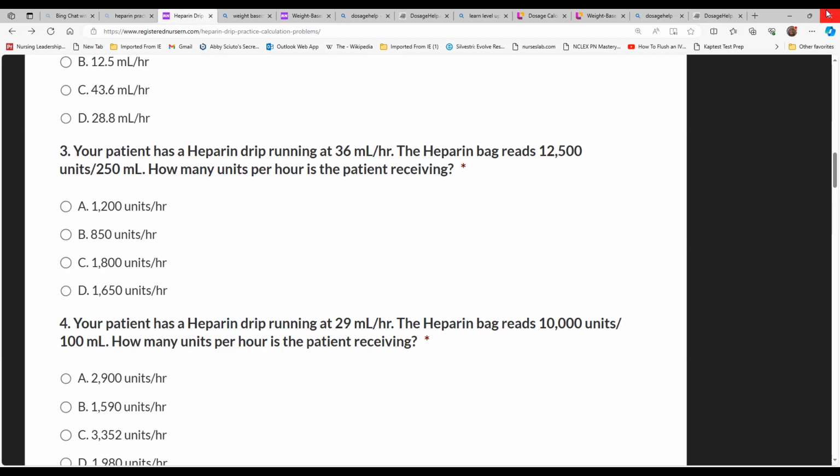All right, so on this question, it's asking how many units per hour is the patient receiving? You know that your pump is running at 36 mLs per hour. And on hand, we have 12,500 units in 250 mLs of solution. Okay?